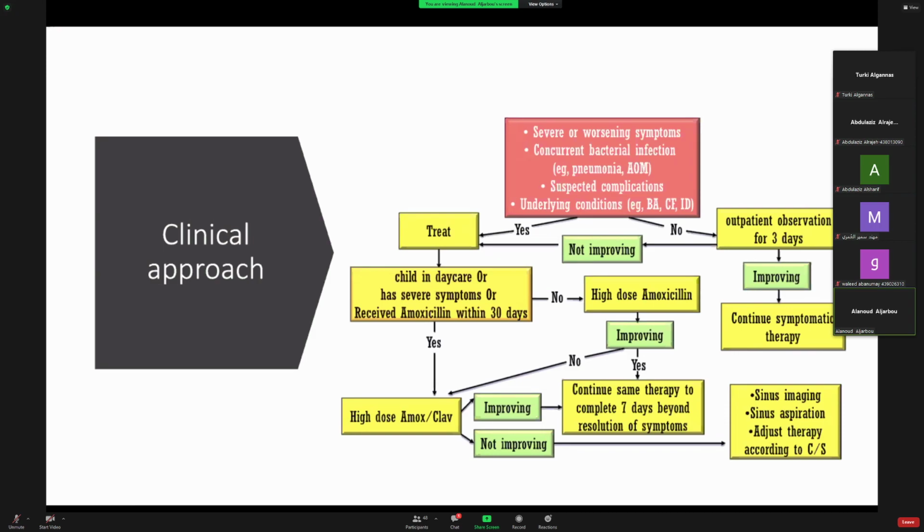When do we treat acute bacterial sinusitis? There is a high chance of spontaneous resolution.